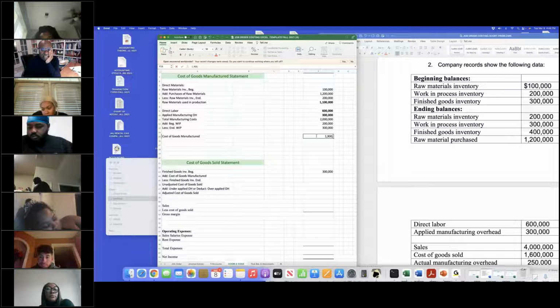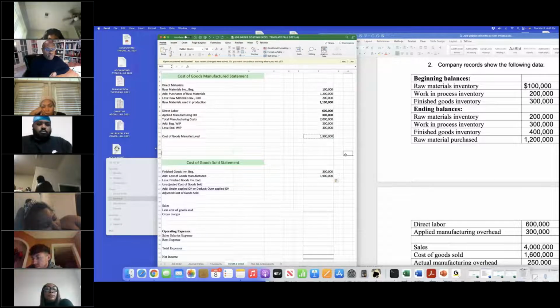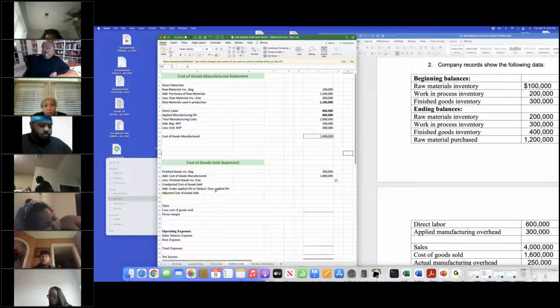Add the cost of goods manufactured. So this number here, we'll copy it and we'll put it down here. So on the second line goes what we had up here. Then it says less finished goods inventory ending.